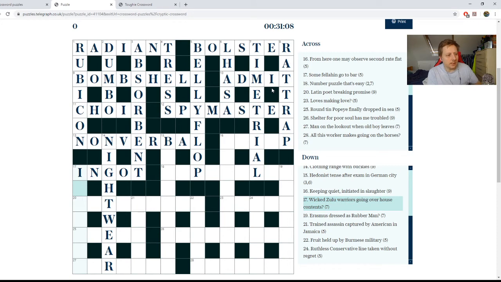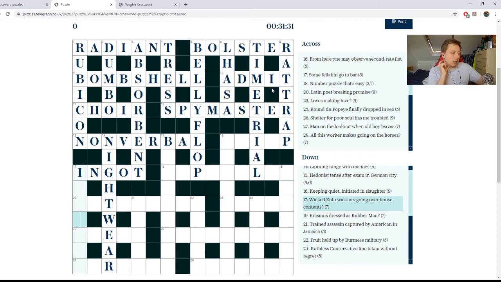But it could be Zulu warriors in plural, like Maasai or something like that, reversed because something is going over. Hello, Foggy. Wicked could well be an anagrind. What's Maasai reversed?